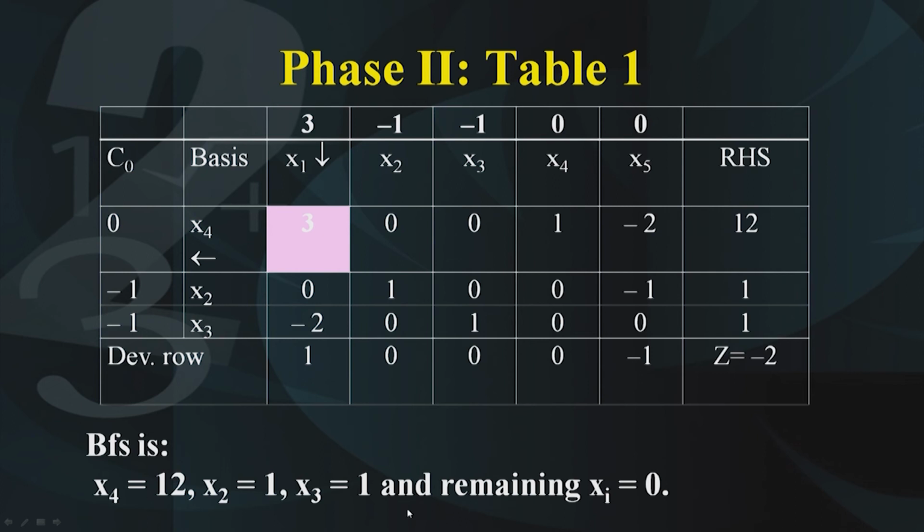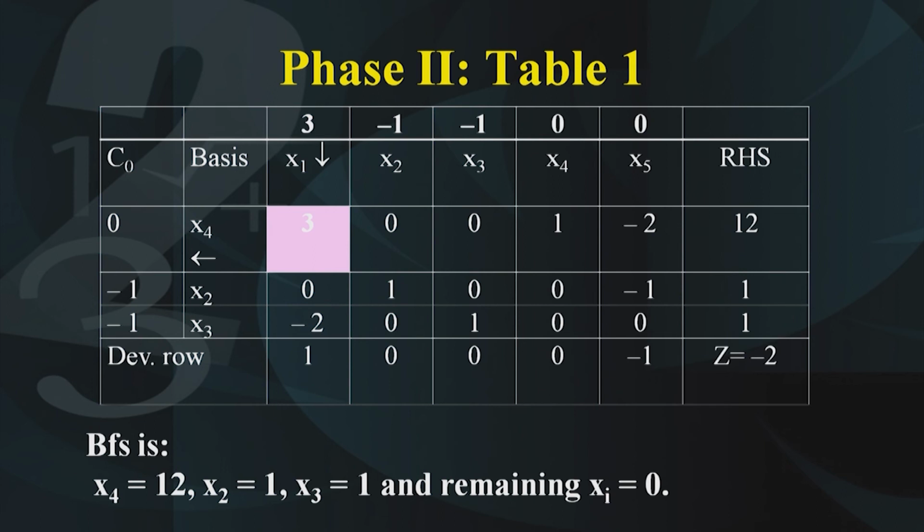So, we will again calculate the deviation rows, and mind you, these deviation rows will be different from the deviation rows of table number 3 of phase 1. Why will they be different? Can you think why they will be different? Yes, they will be different because they are obtained from the objective function, and since our objective function has changed, these entries will also change.